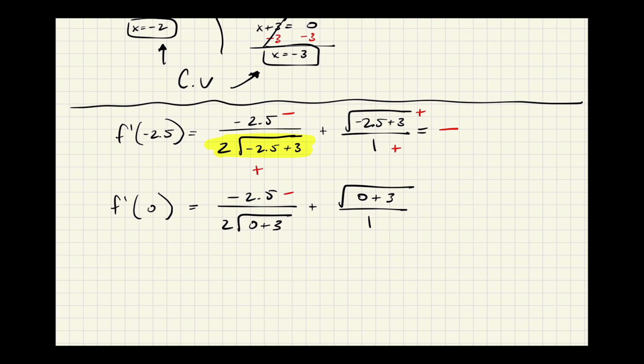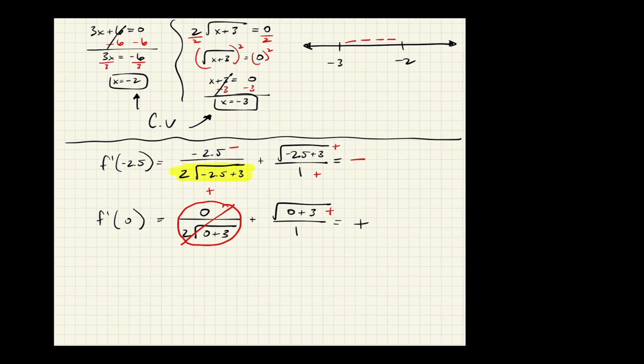Oh, you're right. Yeah. Makes it easier, right? Also 0 on top. Thank you. Yeah, that makes it a lot easier, right? Because this one's going to be just 0. The second one's going to be a positive number. So that means overall we're going to get a positive number. Positive root 3.